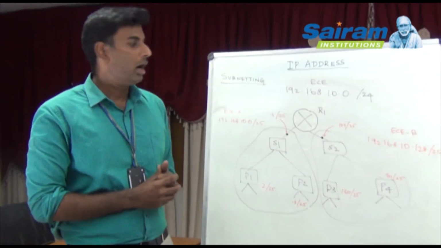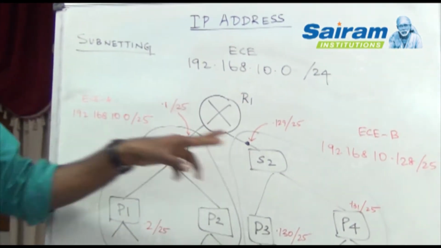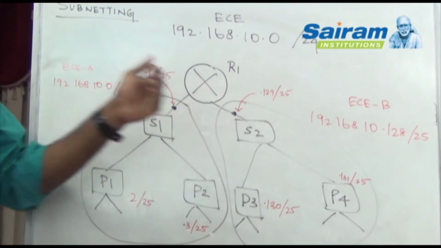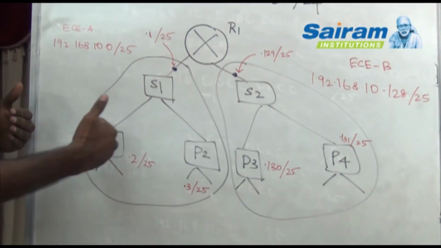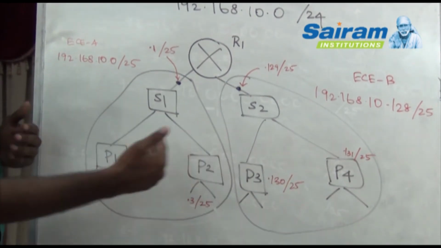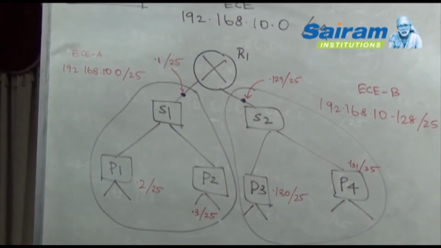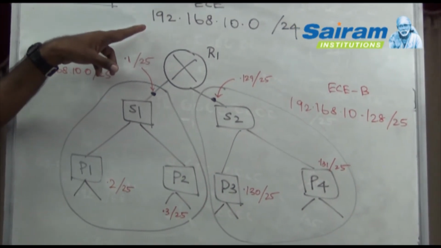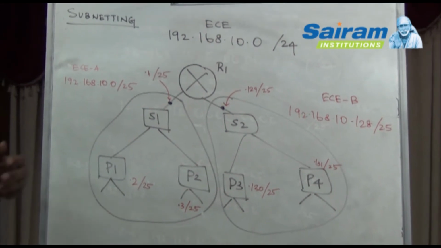Right. As an example of subnetting, I'll subnet the entire ECE network into 2, ECEA and ECEB, with a practical example. I have a router here, which is R1, and I have a switch S1 and S2 individually in each network. The S1 has P1 and P2, which stands for PCs, the end devices, PC1 and PC2. Similarly, S2 has PC3 and PC4. Now, from our example, the entire ECE network is 192.168.10.0/24.